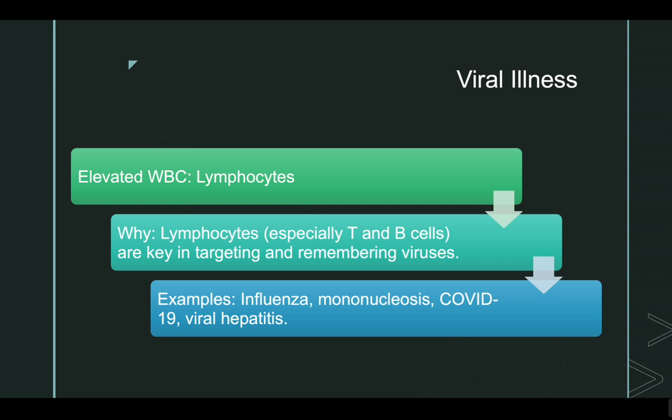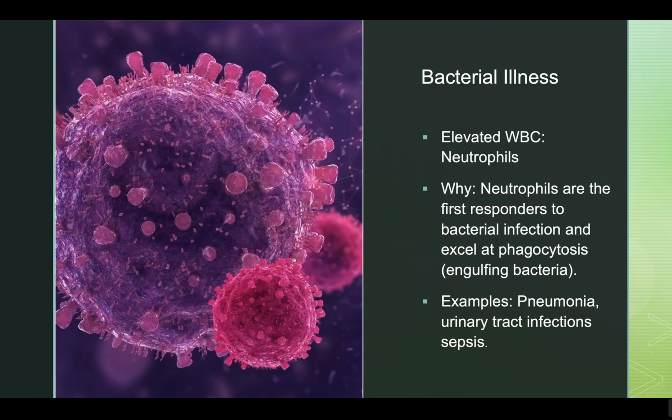We're talking about influenza, the COVID-19 virus, the viral hepatitis virus. When they attack and help to defend the body against this virus, they remember that virus in subsequent times to be able to fight it and probably develop an antibody towards it.